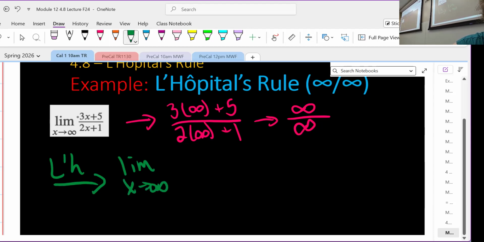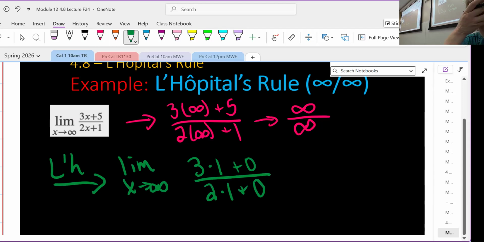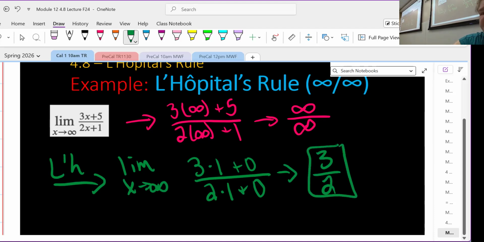So the derivative of the top, 3x plus 5, is 3 times 1 plus 0, over 2 times 1 plus 0, or just 3 over 2. And now there's nowhere to plug in the infinity, so we just arrive at the answer of 3/2. Same answer I pulled out of the hat earlier.